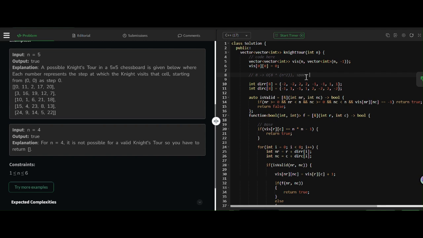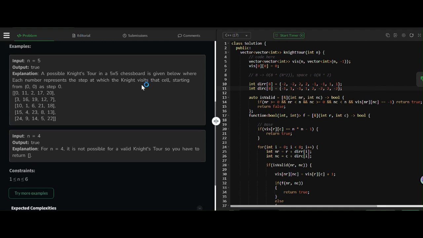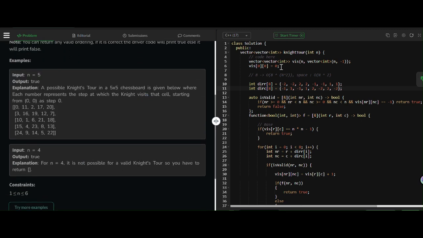And if I talk about the space I'm using, of course, there are n square cells. Then in the worst case, the recursion stack would be filled with n square number of cells. So yeah, perfect. There will be n square space complexity and 8 to the power n square time complexity in the worst case. But in the average case, it would be a lot less than this, right?